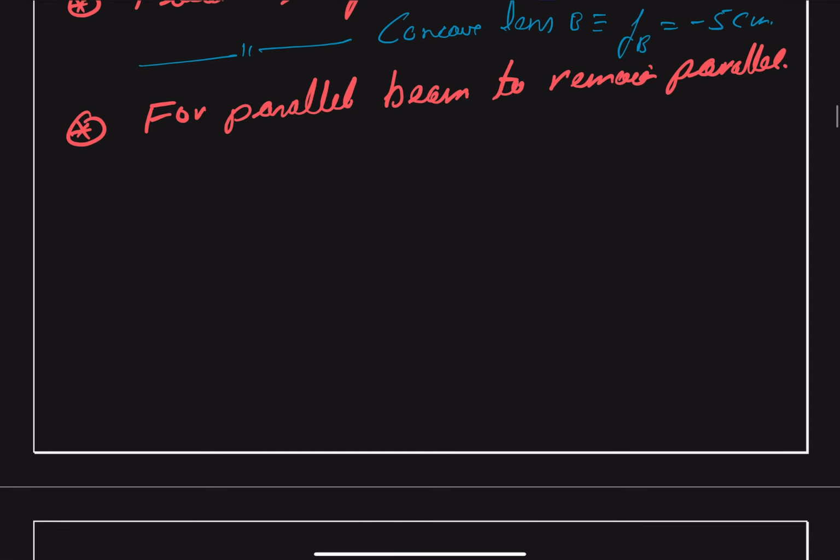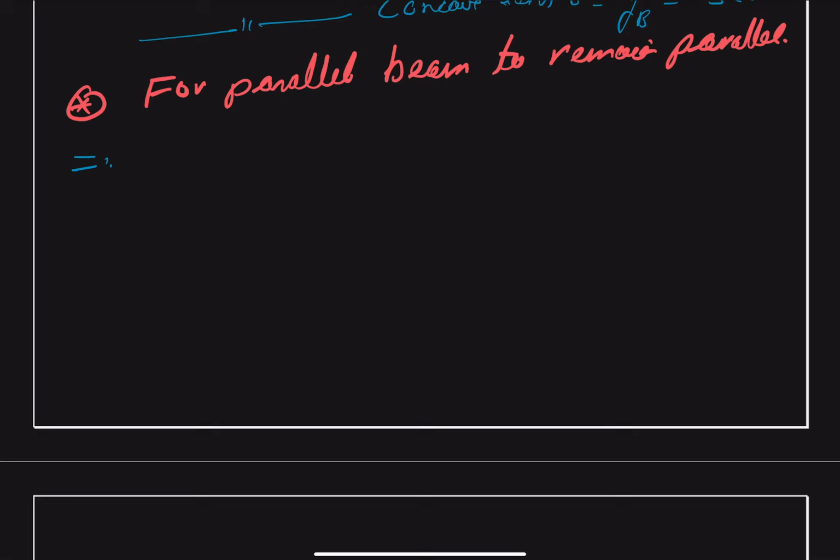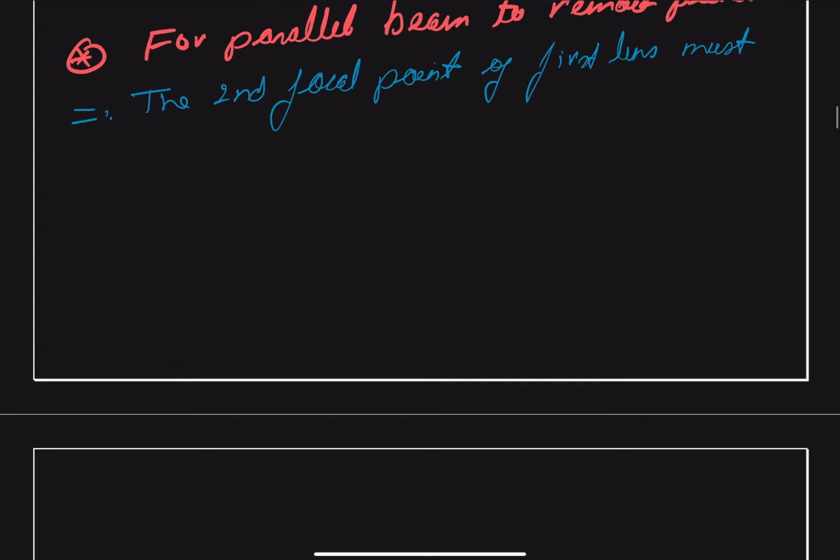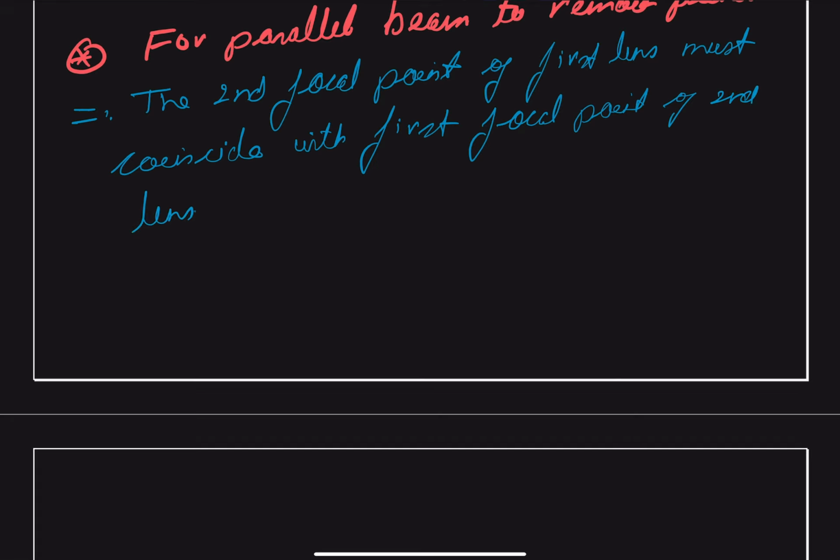Based on this, we can say that the second focal point of the first lens must coincide with the first focal point of the second lens.